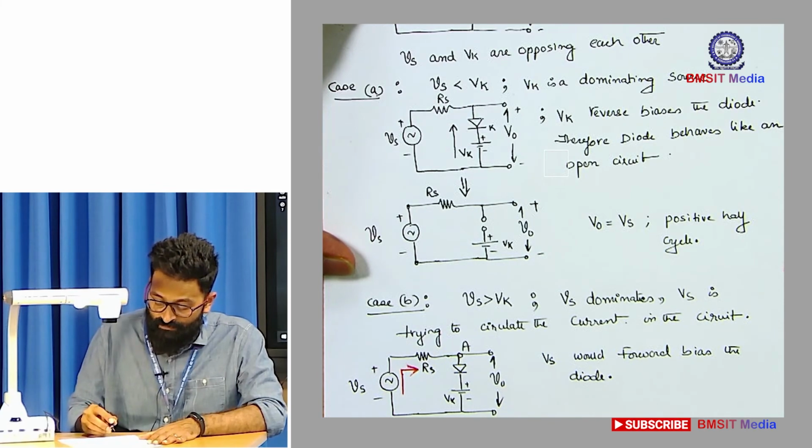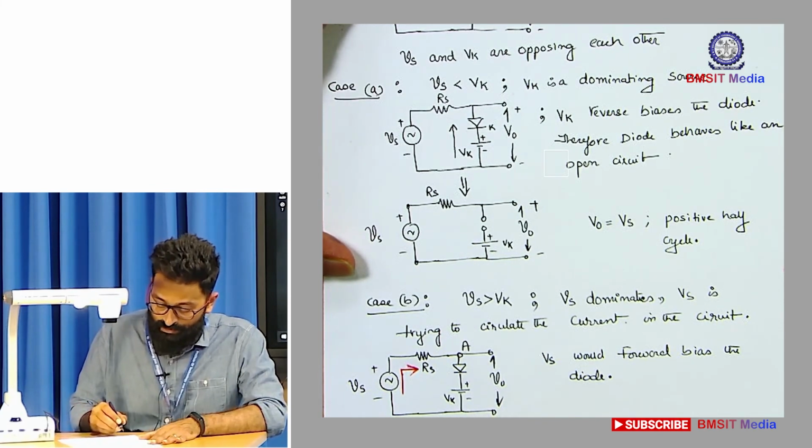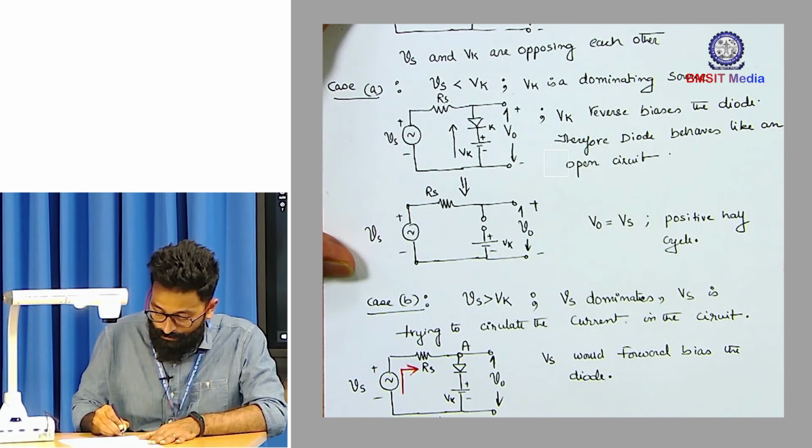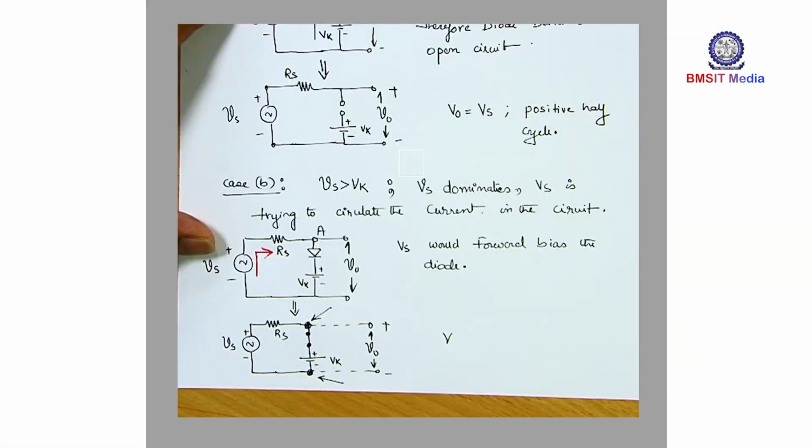So if Vs forward biases the diode, what happens to the circuit operation? Let's draw the equivalent circuit. Vs is forward biasing the diode, hence the diode is replaced with a short circuit equivalent followed by a battery.